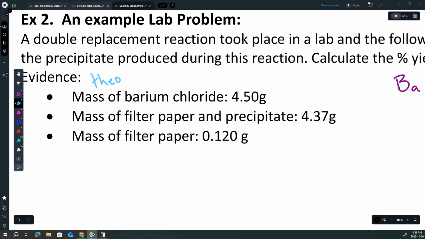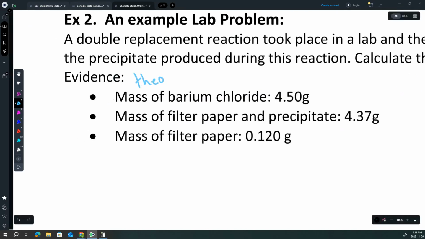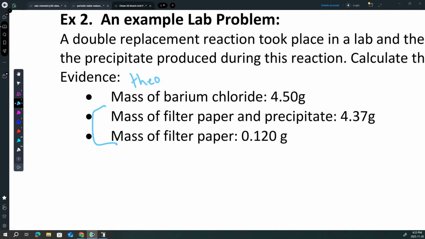And here we have the mass of the filter paper and precipitate. So this is stuff gathered from doing the lab.